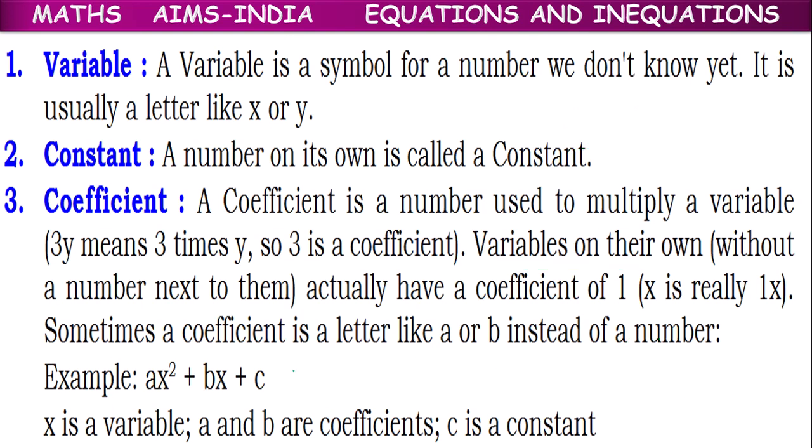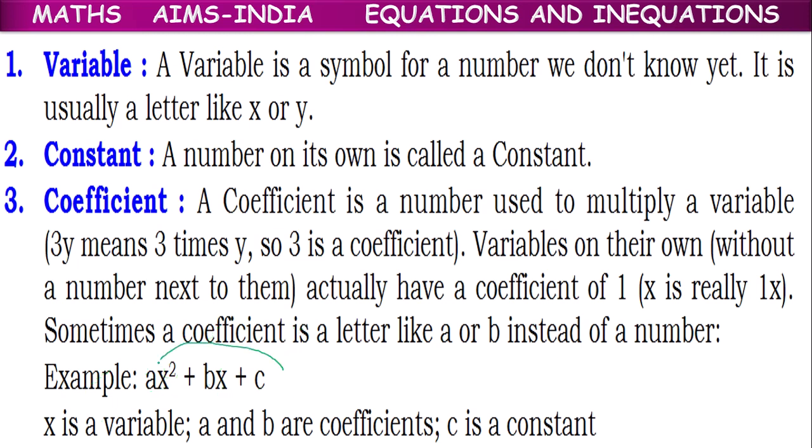Sometimes coefficients are represented by letters, like ax square plus bx plus c. Coefficients will be represented by English small letters like a, b instead of a number. Here a is in front of x square, a is a constant, b is a constant, c is a constant, whereas in x square, x is a variable and 2 is the exponent.